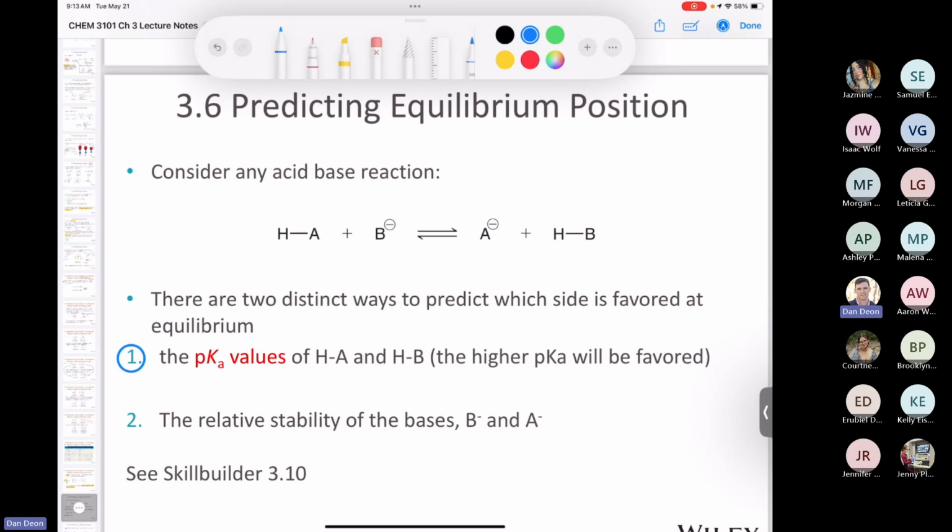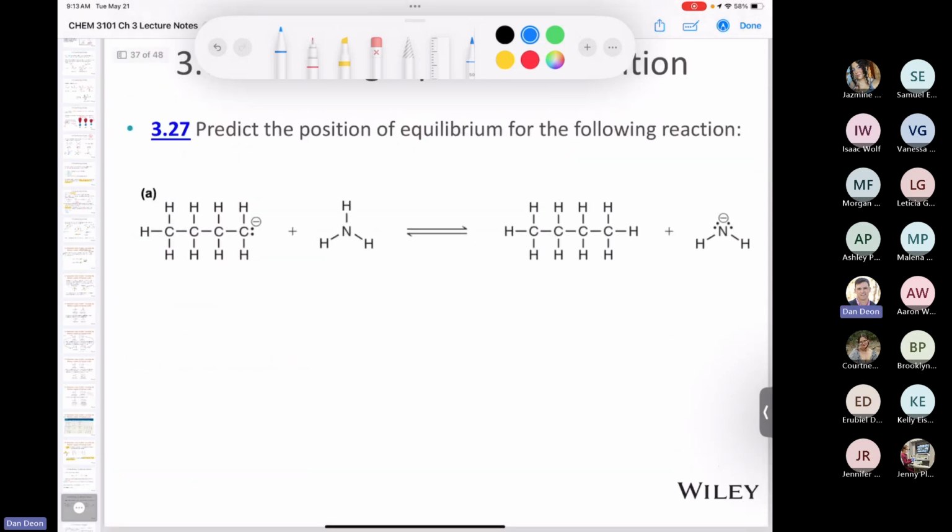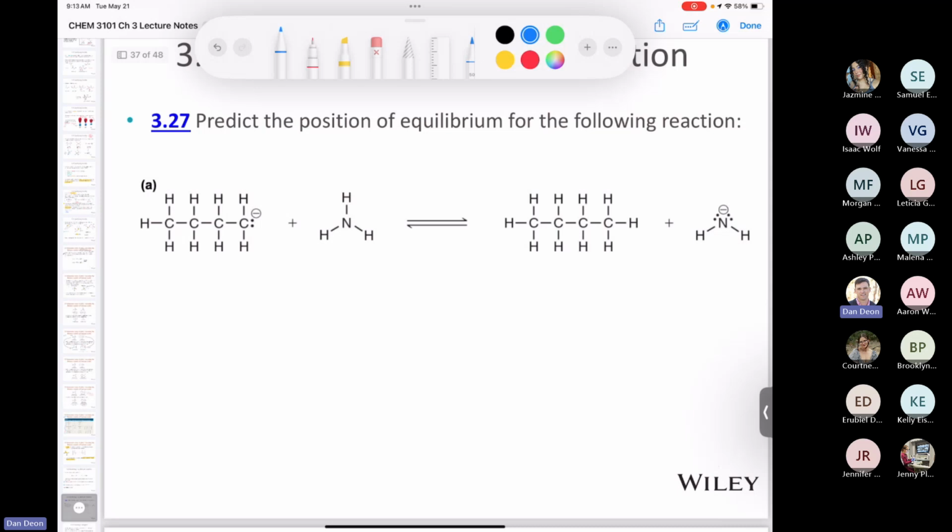If you know pKa's, you're in the clear, baby. You're good to go. But if you don't know the pKa values, in that case, you would use ARIO. You would look at the stability of the conjugate bases, and you'd make a judgment call based off of that, no pun intended.